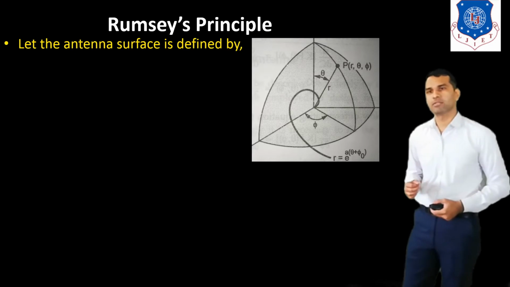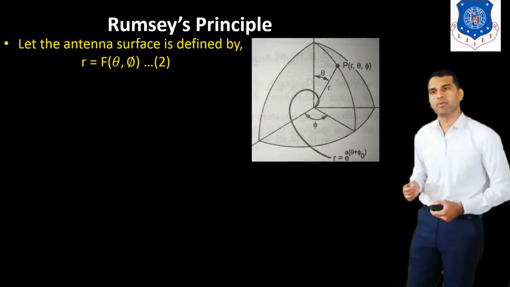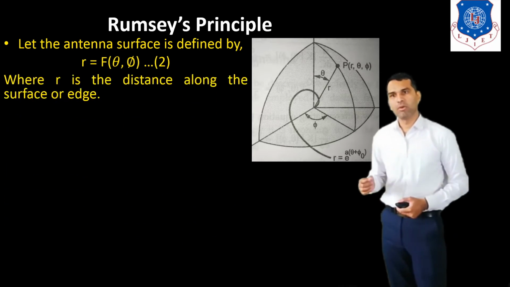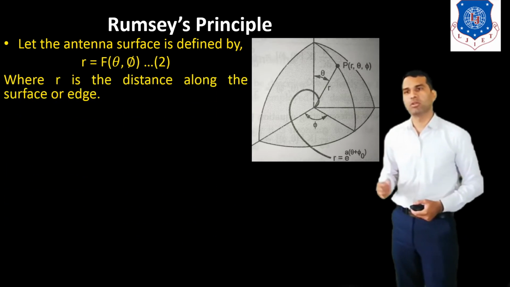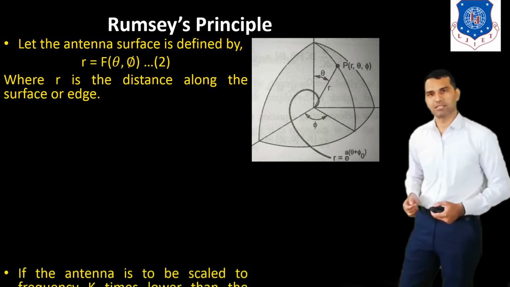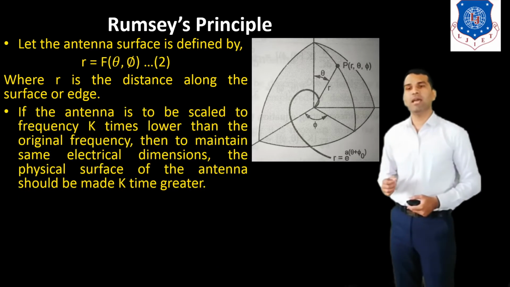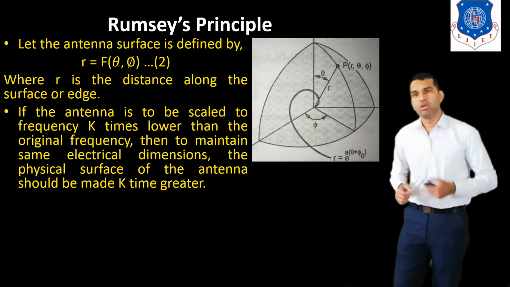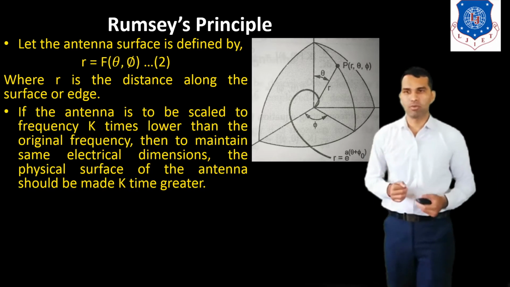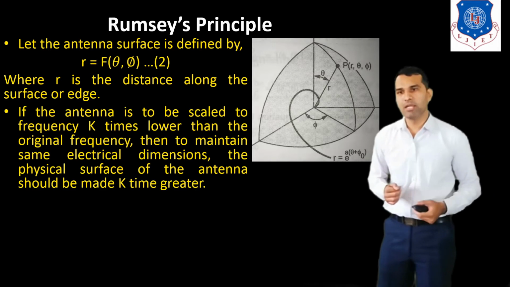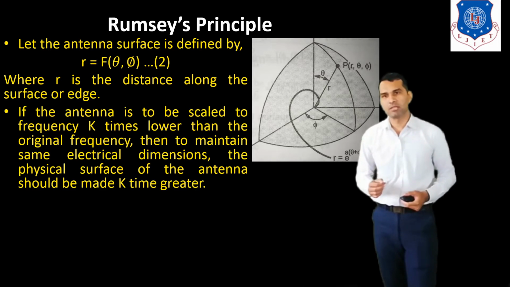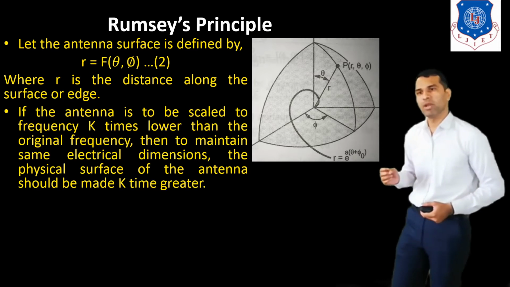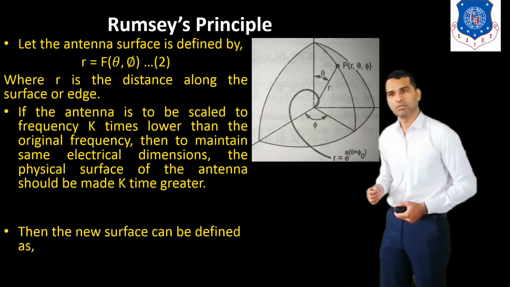Let the antenna surface be defined by r = f(θ, φ), where r is the distance along the surface or edge. If the antenna is to be scaled to a frequency k times lower than the original frequency, then to maintain the same electrical dimension, the physical surface of the antenna should be made k times greater.